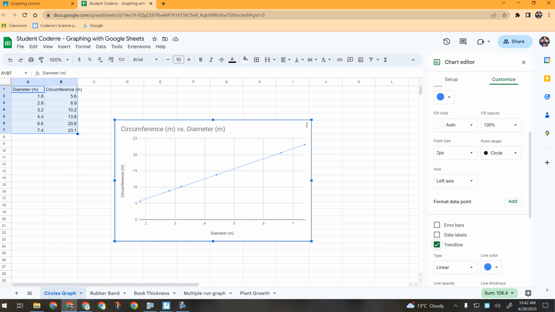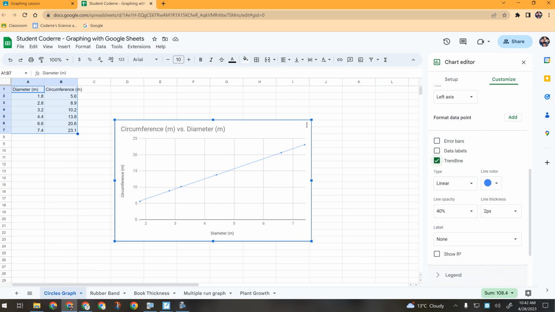When you click trend line, more options show up underneath. Those options include the type of line. Do you want a linear line? A polynomial line? An exponential line? We want a linear line. It also gives you the option for how thick you want the line to be. You can change that and the line color. The biggest thing is the label.